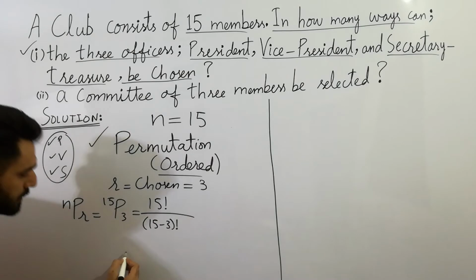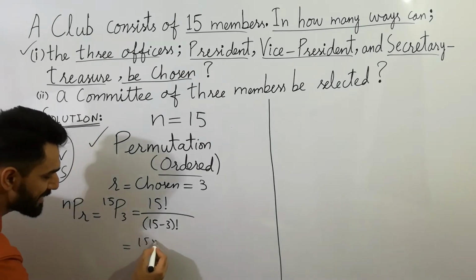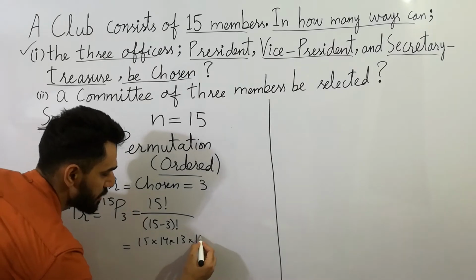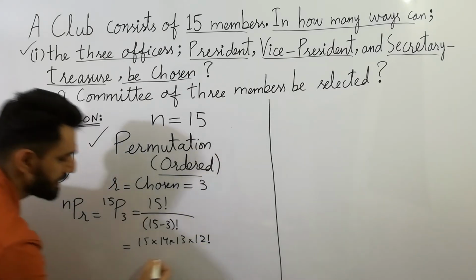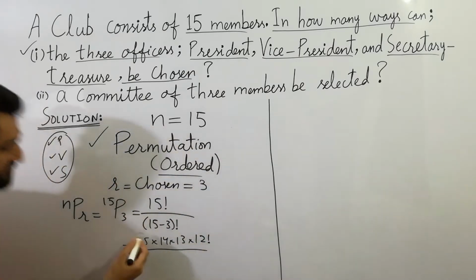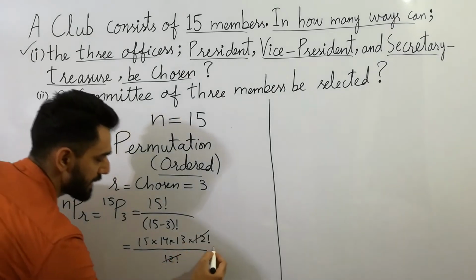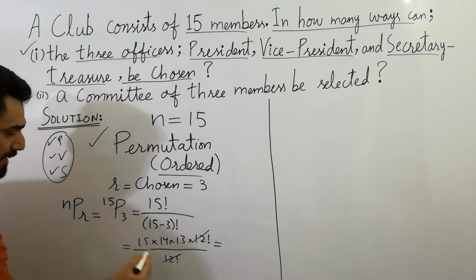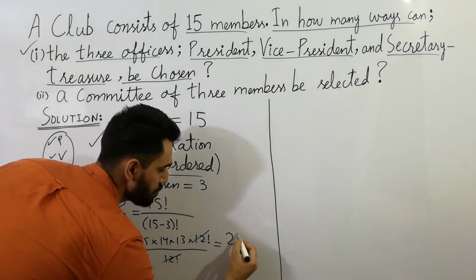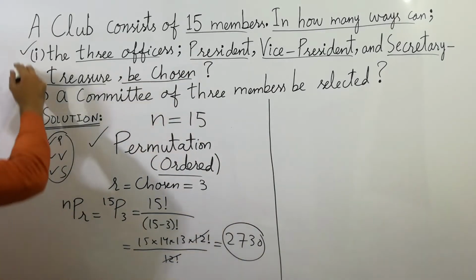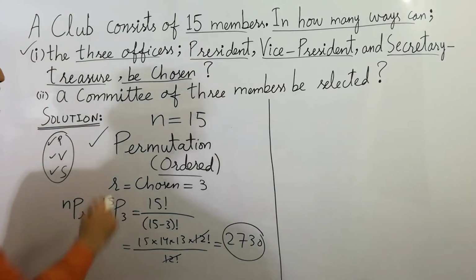I'm going to expand it: 15 multiplied by 14 multiplied by 13 multiplied by 12 factorial, divided by 15 minus 3, which is 12 factorial. The 12 factorial will be cancelled, and after multiplying we will get 2730, the right answer of this first question. I hope you have cleared the point.